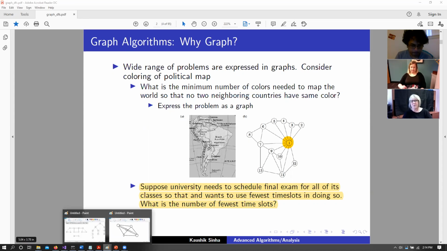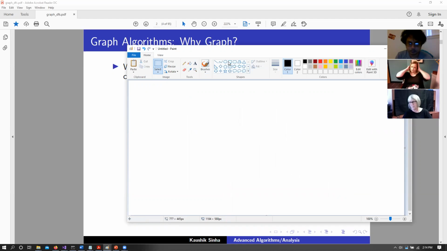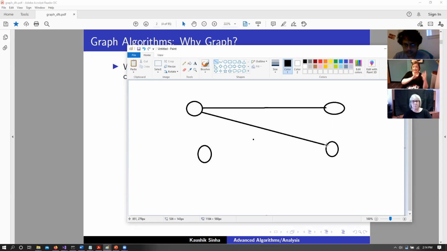Okay, so let's take an example. Let's say that we have 4 classes: 1, 2, 3, and 4. Now, the complete graph means that every node is connected to every other node. We have this connection, this connection, this connection, and for this node we have another connection here, and another here.